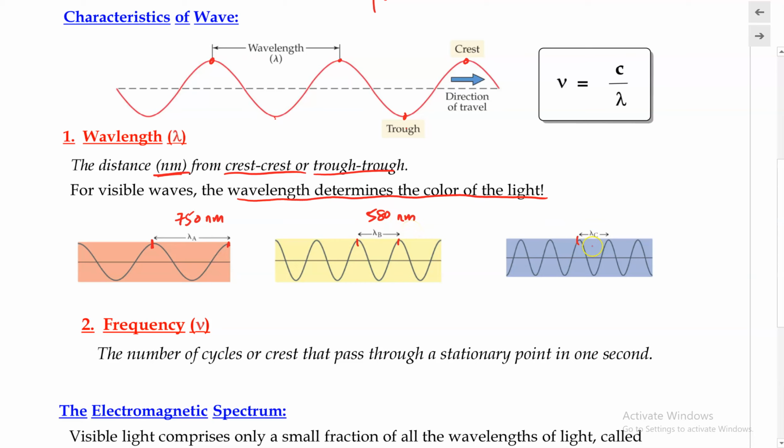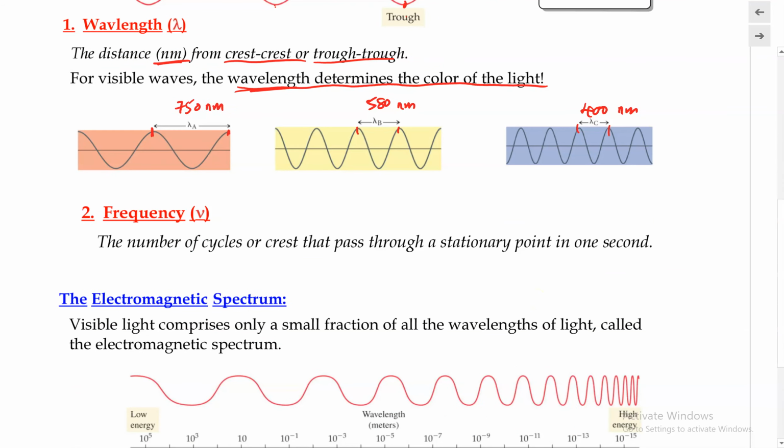And for a purple light, its wavelength is now 400 nanometers. So again, for visible waves, it is the wavelength that determines the color. Please understand what the term wavelength means and how we can distinguish among waves of different wavelengths.